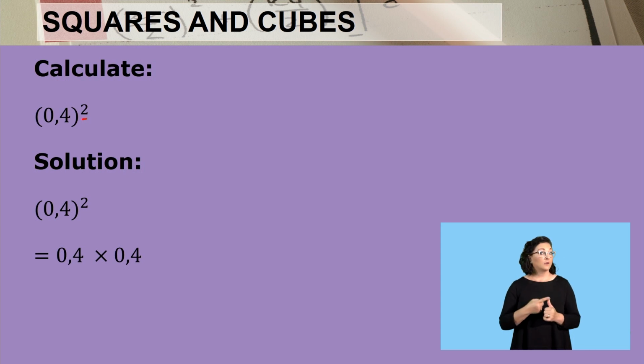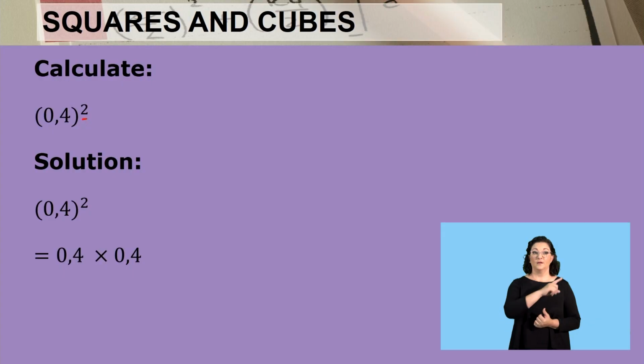Remember what we said with multiplying decimals. We count the number of decimals, and you can see we're going to have how many decimals here? Correct, 2 decimals. So we're going to say 4 multiplied by 4, which gives us 16. And we definitely are going to have our answer as 0.16, which gives us those 2 decimal places we were talking about.